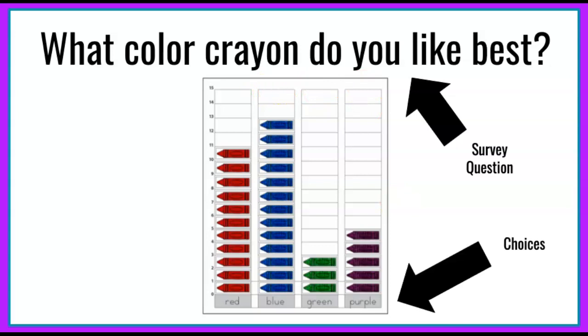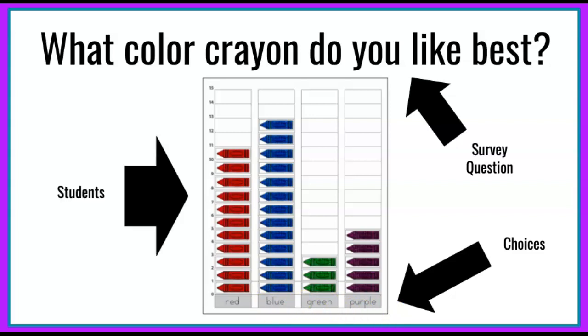But everything on the bottom, those are all of our choices. Just like we have our choices with our questions today, when we make our graph on Friday, that's where we'll put all of our choices. And then all of the students that voted in our survey are all up along here.